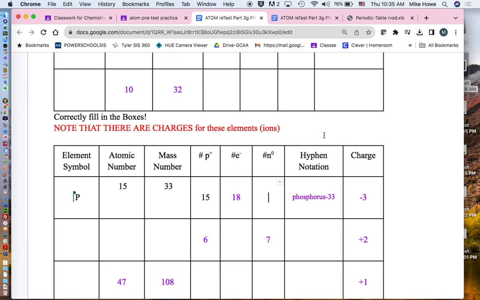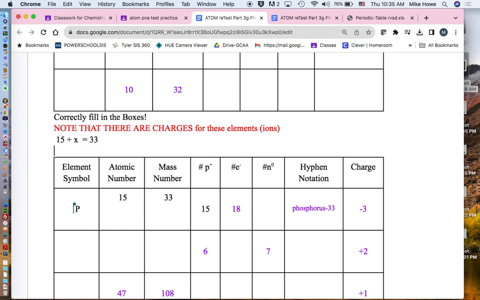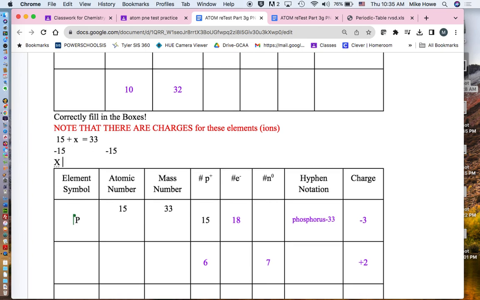So now we know that 15 plus x equals 33. Knowing your algebra, you take 15 away from both sides. So you have 0 plus x, which is just x. So x is equal to 33 minus 15, which is 18. So the number of neutrons is 18.